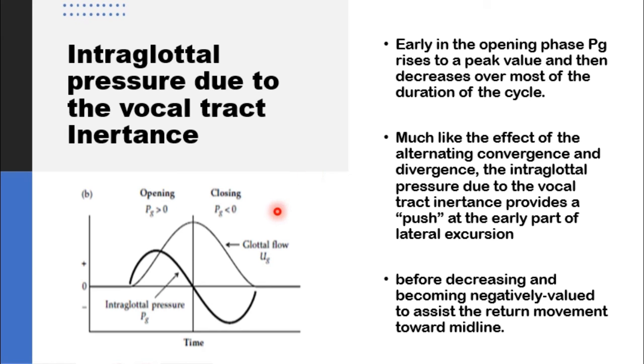And as we can see here, the intraglottal pressure is again positive in the opening phase, and negative in the divergent and closing phase, and it reaches a zero point between the changes in the opening phase and the changes in the closing phase.